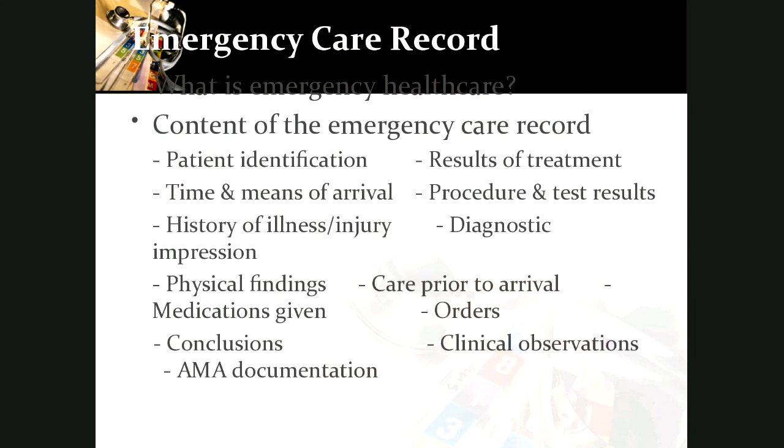An emergency care record, you're going to see that there are different things that are required in the content of the emergency care record. For instance, we're going to find the patient identification, the time and means of arrival, meaning, okay, the patient came in at 10:05 p.m. It may be military time documented, it depends.